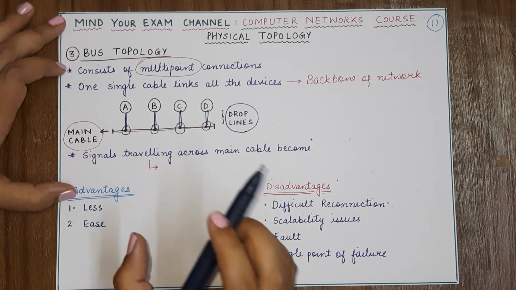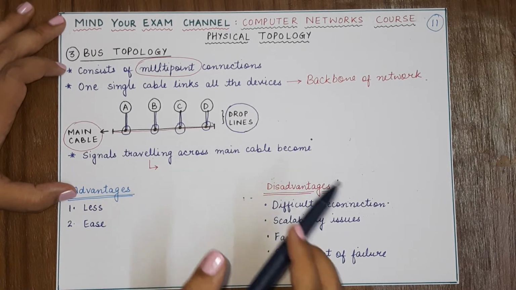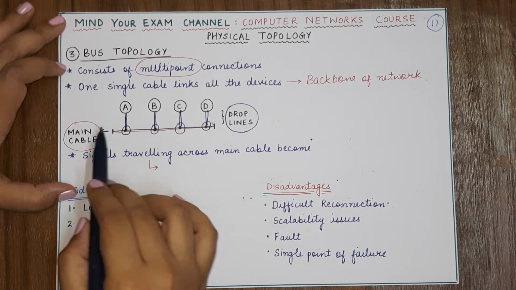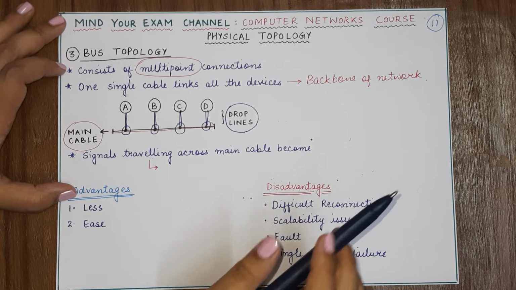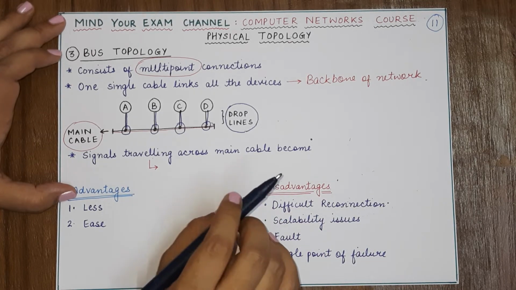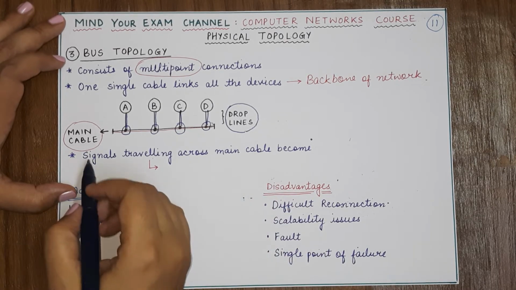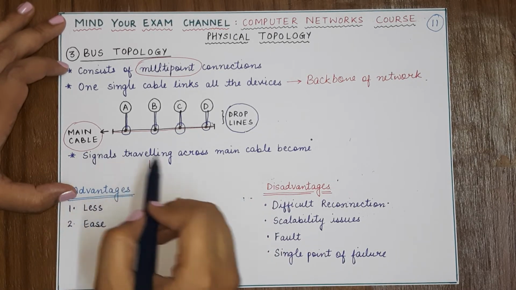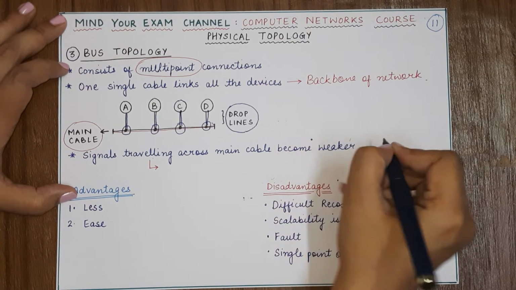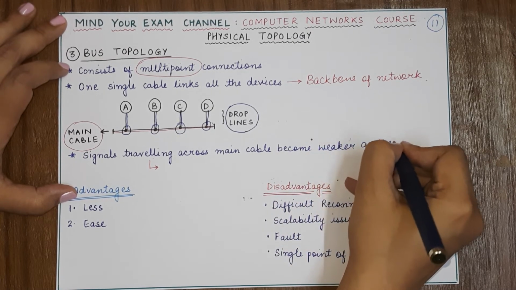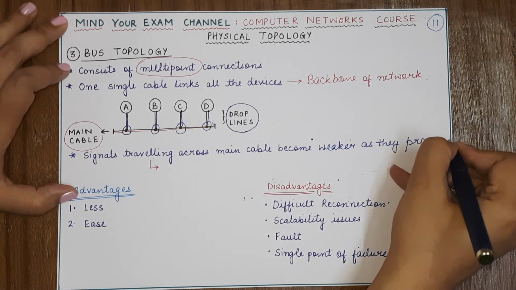So signals become weak, and it puts a restriction on the number of devices that can be connected to the main cable, or the length of the cable that you can spread out. Okay, so this is an important point. Again, it will lead to one of the disadvantages, but for now, note this down: signals traveling across the main cable become weaker as they progress. That means as they move from one location towards the end of the cable.